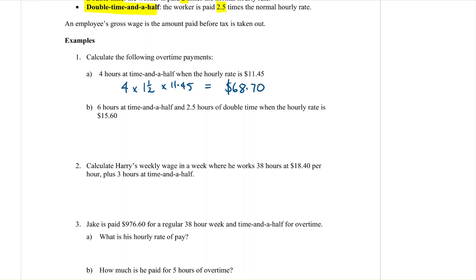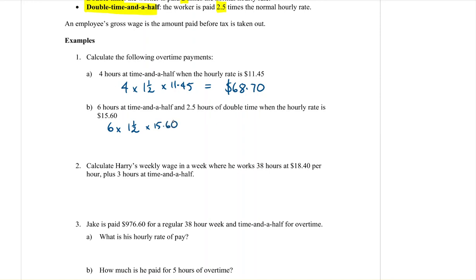Part B, 6 hours at time and a half, 2.5 hours of double time when the hourly rate is $15.60. Do the different types of overtime separately, okay? So the first part was 6 hours at time and a half. So 6 hours, time and a half is your 1.5, and you times that by $15.60.